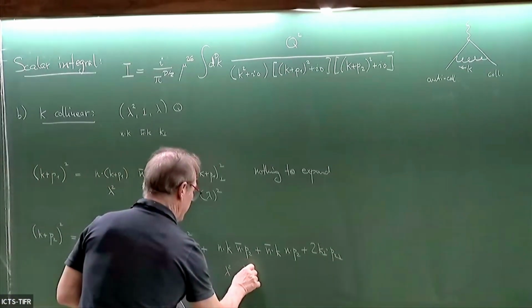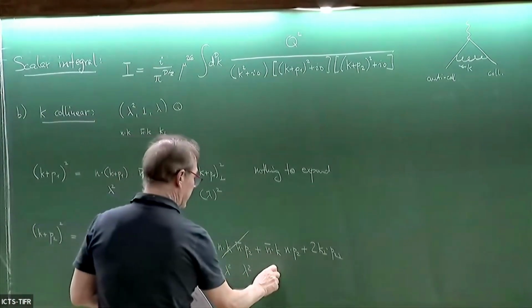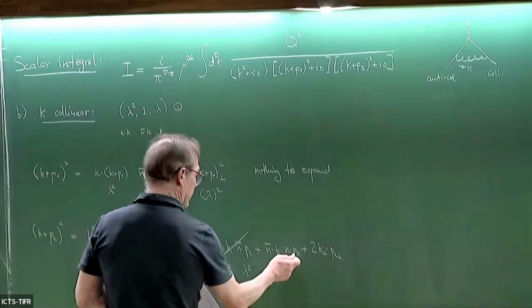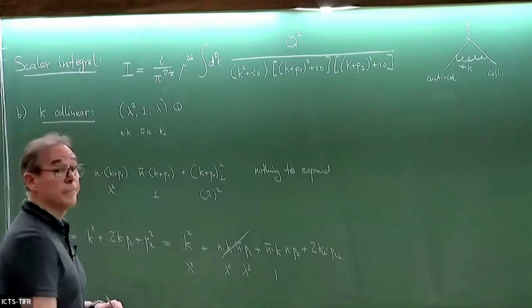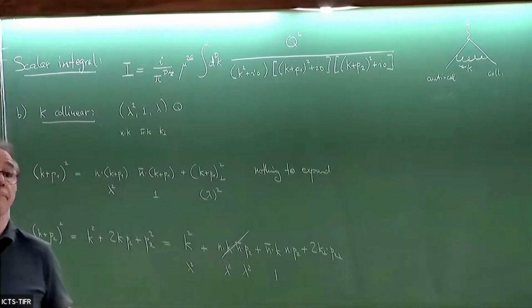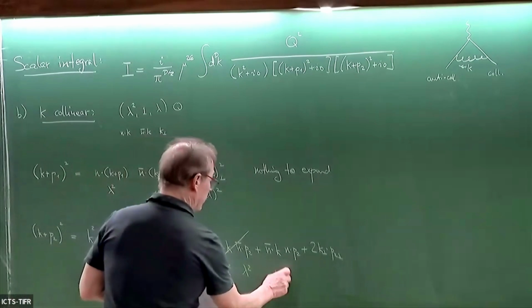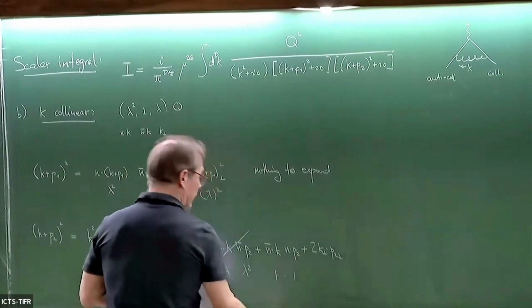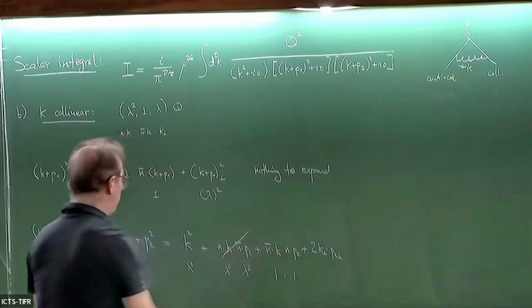So you see this term is of order lambda to the 4, I can drop it. n bar dot k is order 1. n dot P2 is order 1. It's the large component of the anti-collinear momentum. So wow, we get an order 1 term.